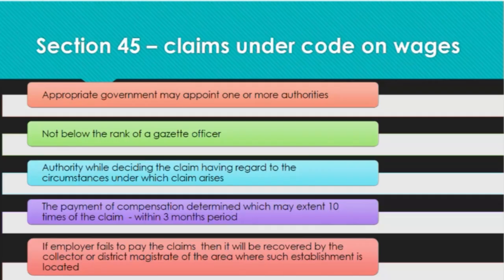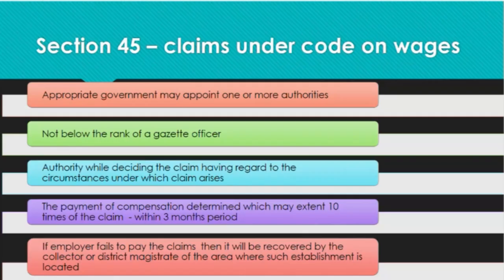Okay, so these authorities are not below the rank of a gazetted officer, and the authority can decide the claim having regard to the circumstances under which the claim arises. So, the main aim of the authority is to solve the disputes. Once a case is filed with these authorities, they will settle the claims between the employer and the employee.